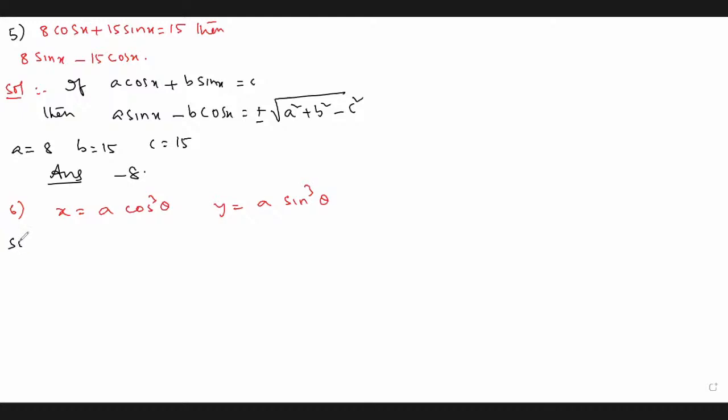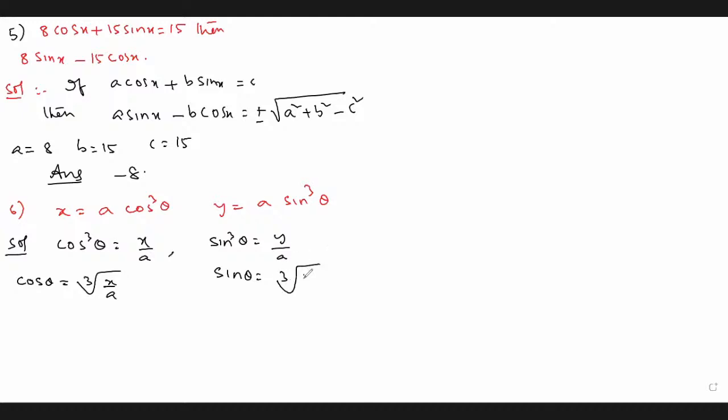See here, from this equation, you can write cos cube theta is equal to x by a. Similarly, sin cube theta is equal to y by a. From this one, cos theta is equal to cube root of x by a, and sin theta is equal to cube root of y by a.